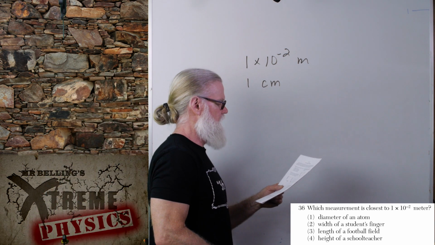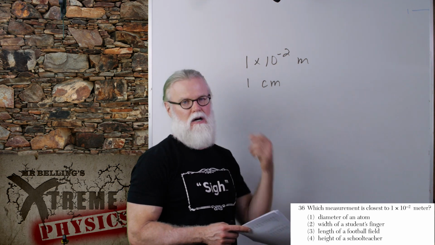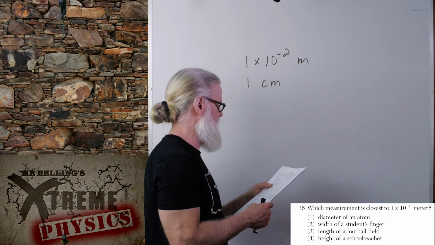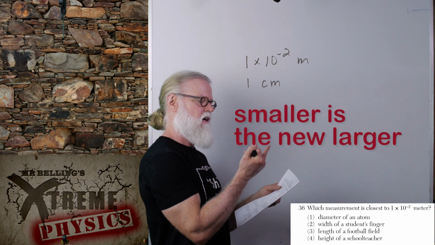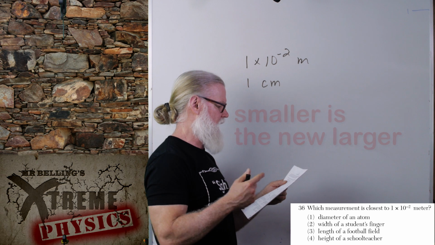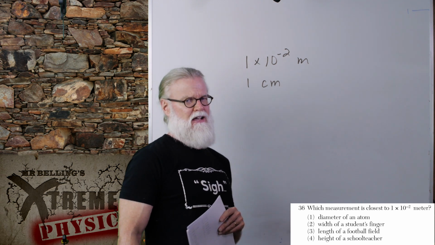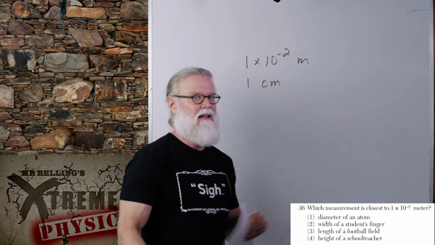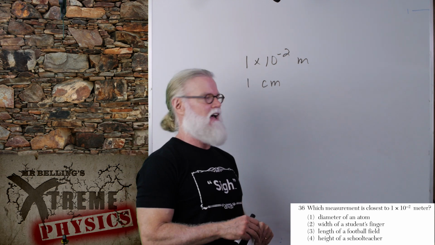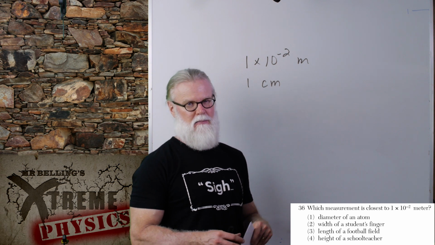All right, which is closest to a centimeter? Diameter of an atom. Well, no. An atom's much larger than that. Width of a student's finger. Well, I would say it's probably going to be a couple centimeters anyways, but it's kind of close to a centimeter. Length of a football field. I know what you're thinking. Well, I've never played football. The football field's a big thing, and if you're not familiar with the football field, like a soccer field or a baseball field, it's enormous, right?